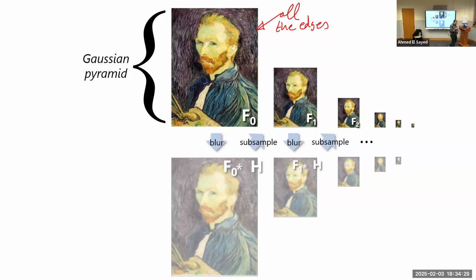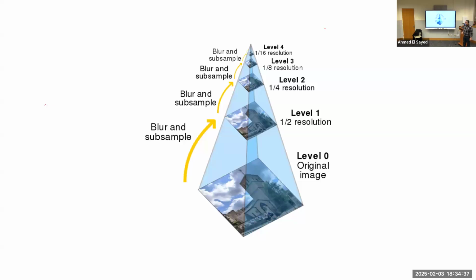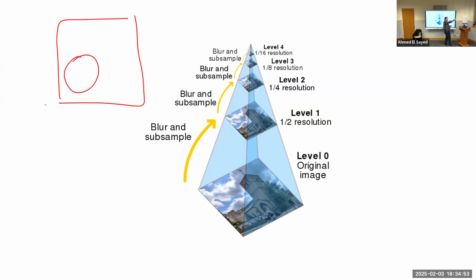Why is this good? Why is this important? Actually, this Gaussian pyramid is so important in many applications. One of them is if I'm looking for objects in the distance. Assume that you have an image which has someone taking a selfie, and has some other persons in the back.